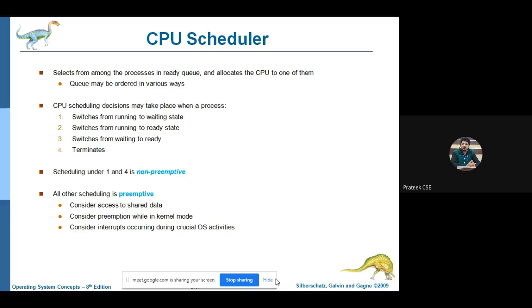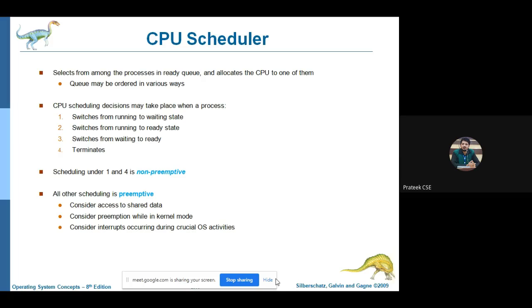First case, running to waiting, for some input output operation. Second case, running to ready, either due to an interrupt or a higher priority process, or it may be because of a time sharing system. Third case, the process simply terminates after executing its complete task, then also our running state becomes empty. And the last case, if a process was in waiting and its input output task completed, as soon as it went from waiting to ready, was that process so important that it has to be given the CPU immediately? So these are the 4 different cases where any short-term scheduler or any CPU scheduler has to take the decision.